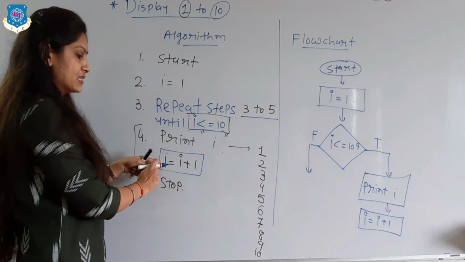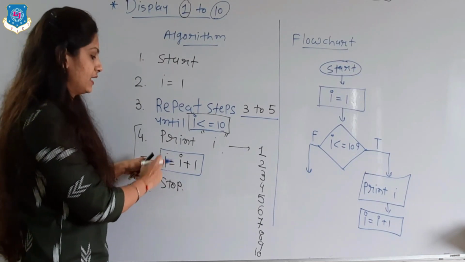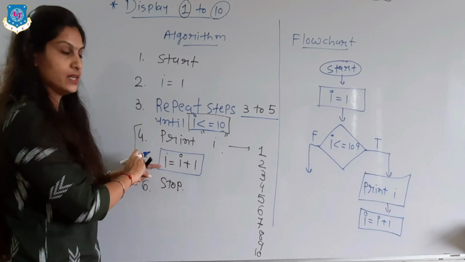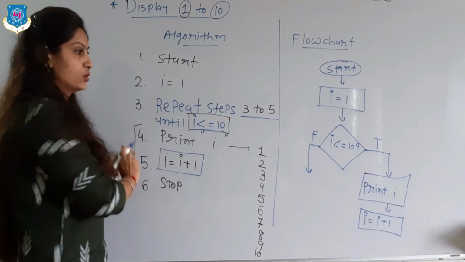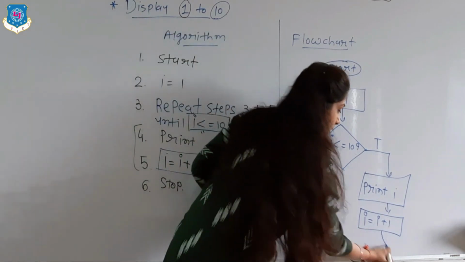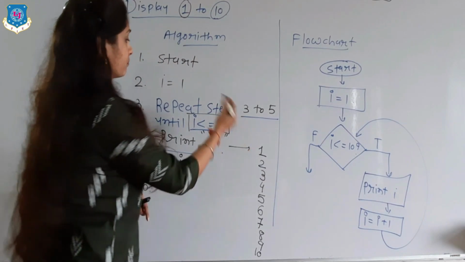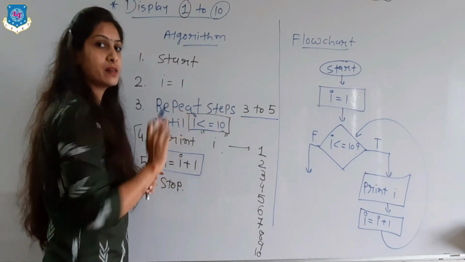Now after I plus 1, to which place do we have to move? Obviously 3, 4, 5. Then again 3, 4, 5. So step number 3 is our condition, so you have to come back to the condition step.